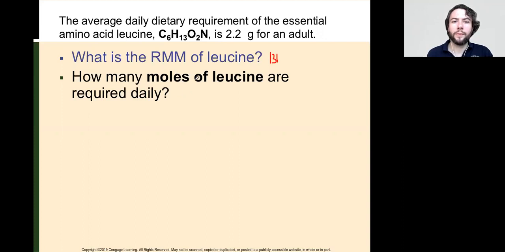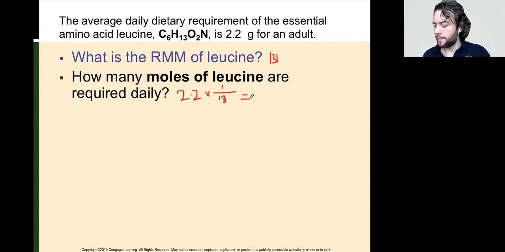So here we would have 2.2 times 1 over 131, where 131 is from here. 2.2 divided by 131 is going to be 0.017.